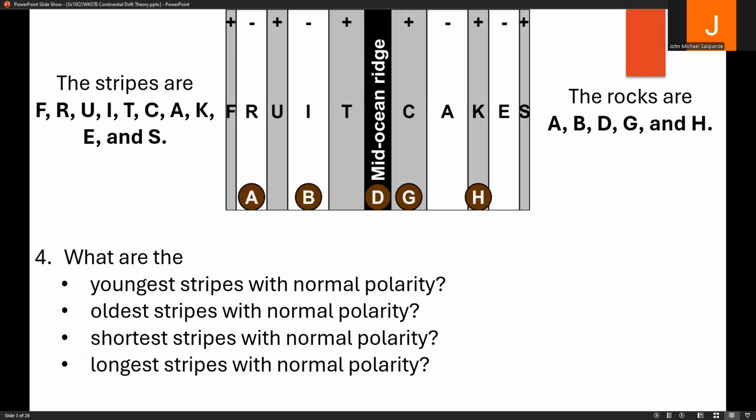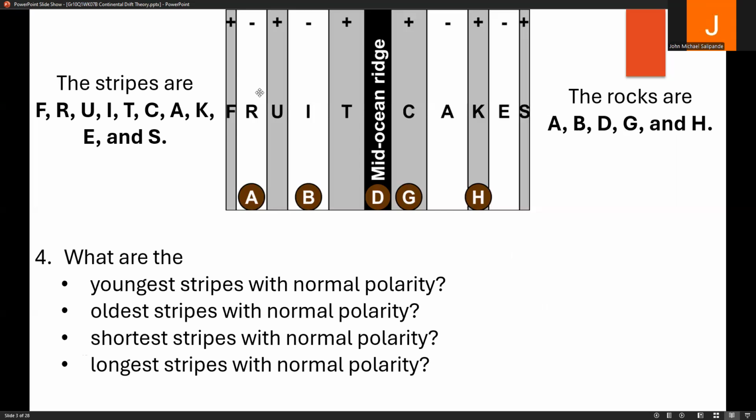Okay, so let's talk about the age and duration of past types. So number four, all questions related to number four pertain to the stripes with normal polarity. So let's talk about the youngest stripes with normal polarity.